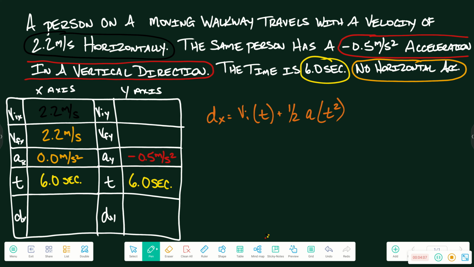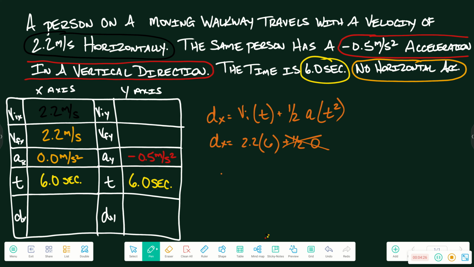So the displacement of x equals the initial velocity times time plus 1/2 the acceleration times t squared. So d of x equals 2.2 times 6 plus 1/2 of 0, then you're done. You don't even need to go any further.